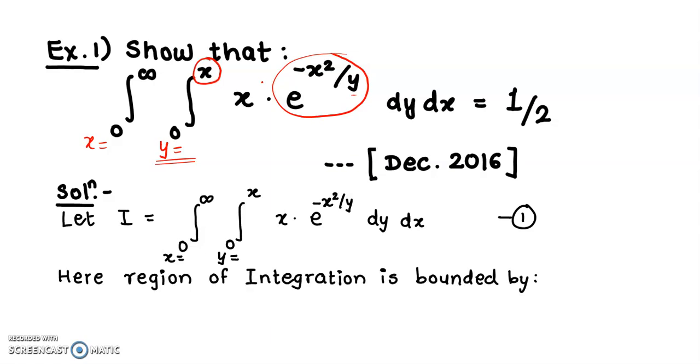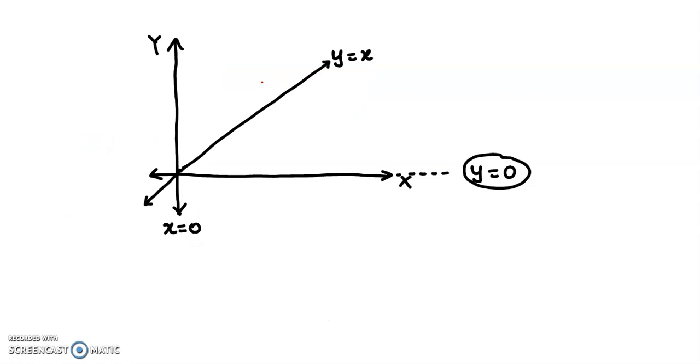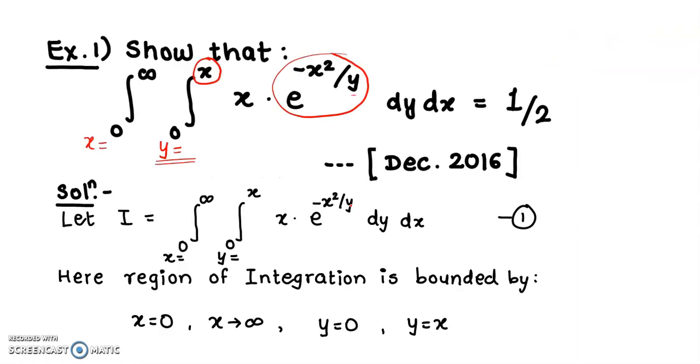So the region of integration is bounded by x equal to 0, x equal to infinity, y equal to 0 and y equal to x. So we draw the diagram. Here, our range x varies from 0 to infinity and y varies from x to infinity, let's confirm it.